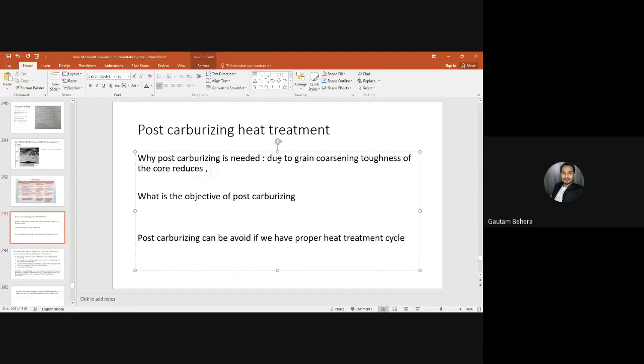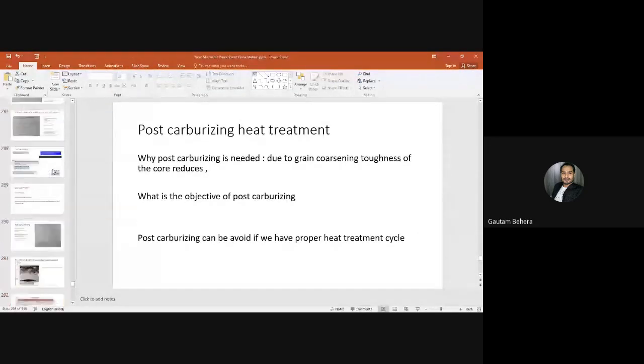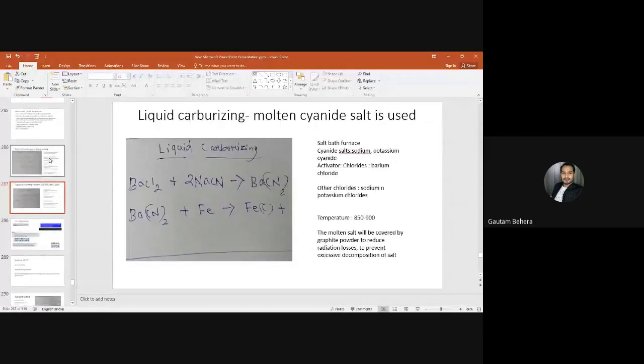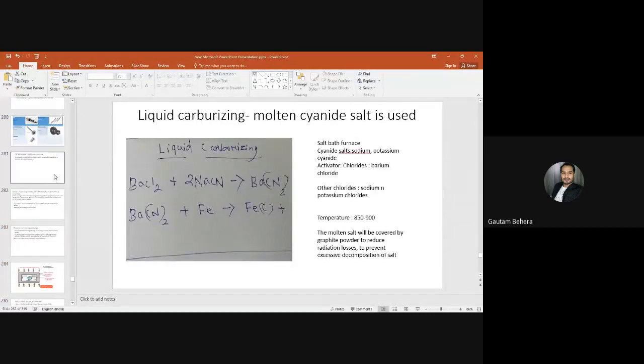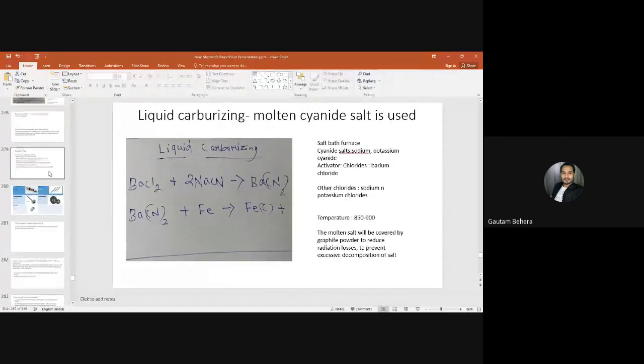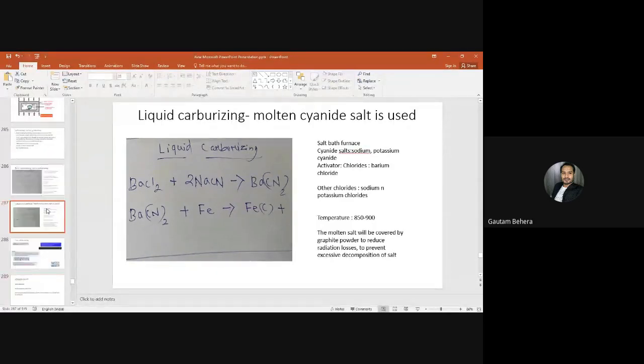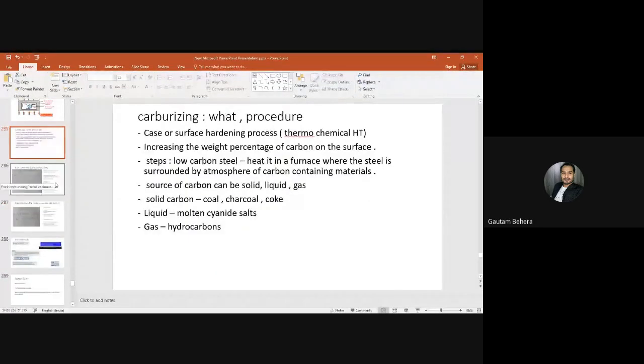Another part is, can anybody think of this? Anything else? Suppose after carburizing, you are doing annealing, you're cooling the thing in the furnace, what will happen? That is related to the carbon concentration. Carbide formation, yes, very good.